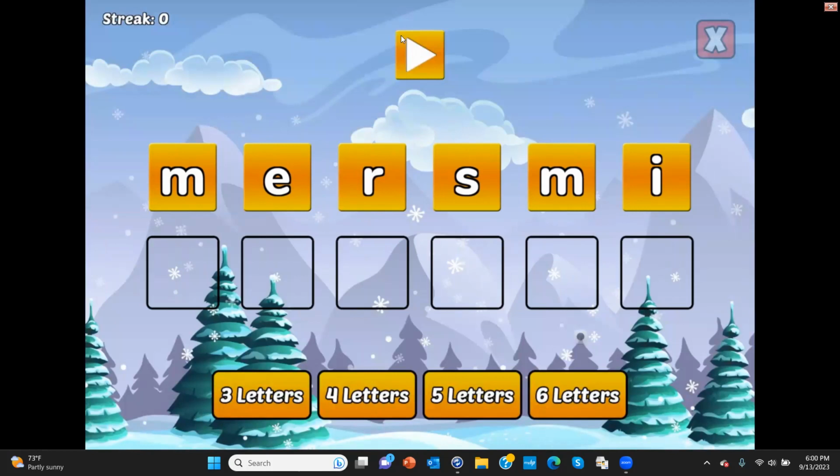Now for spelling, you notice that you have three letter words, 4-letter words, 5-letter words, 6-letter words, right? So I always say to start at the smallest. So let's go to 3-letter words.